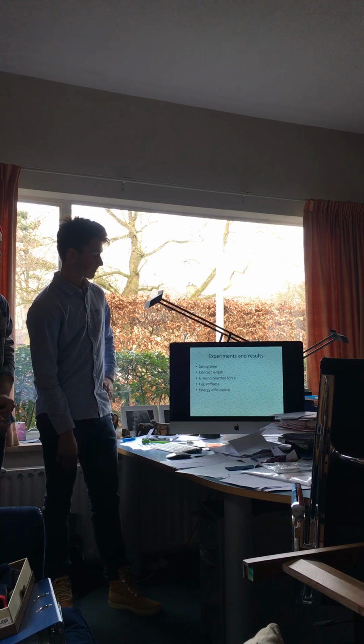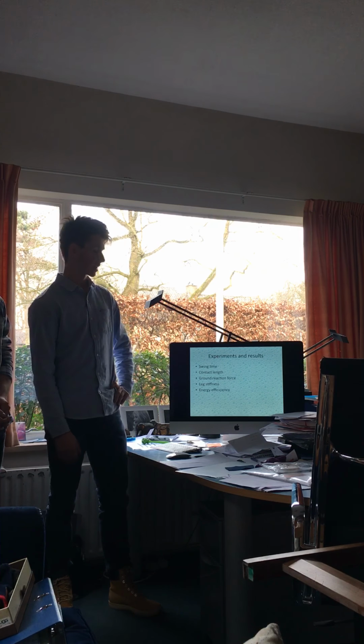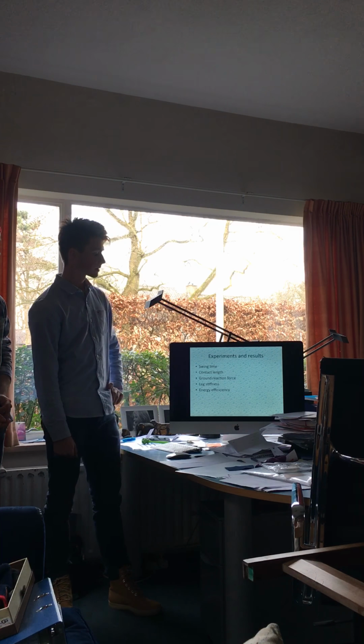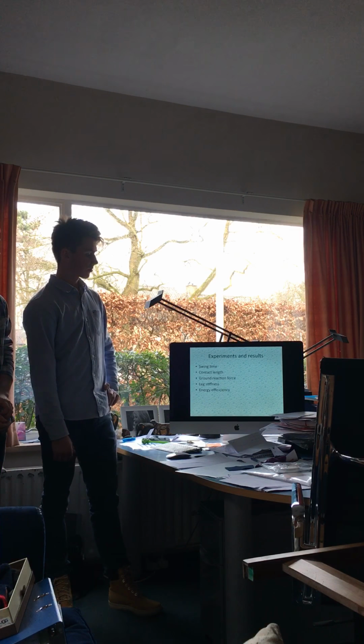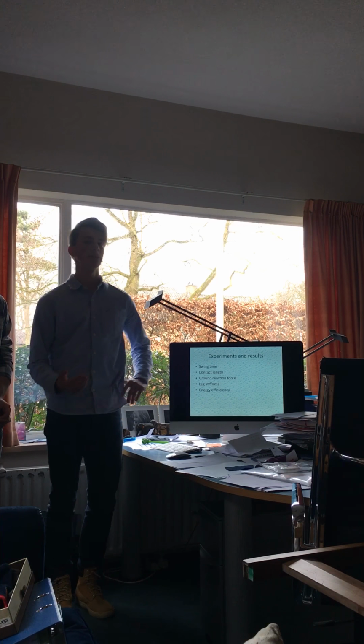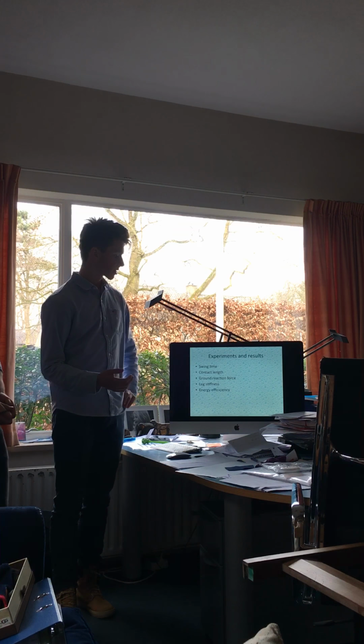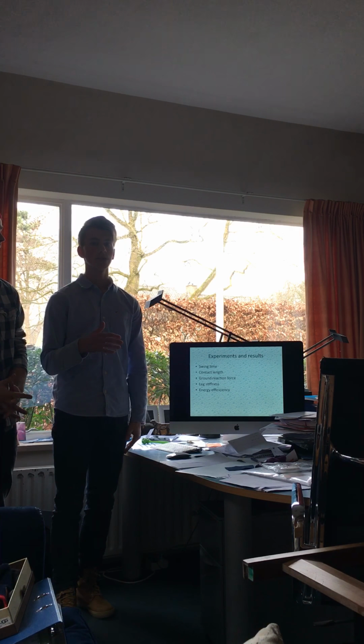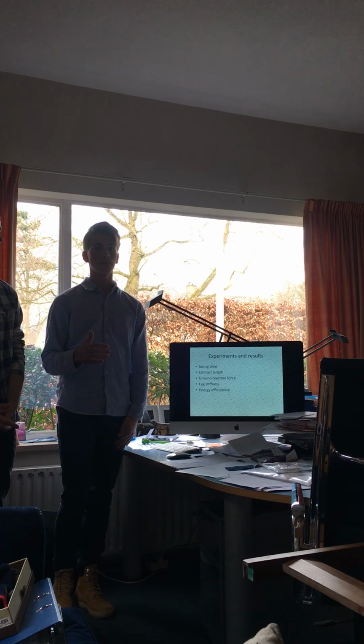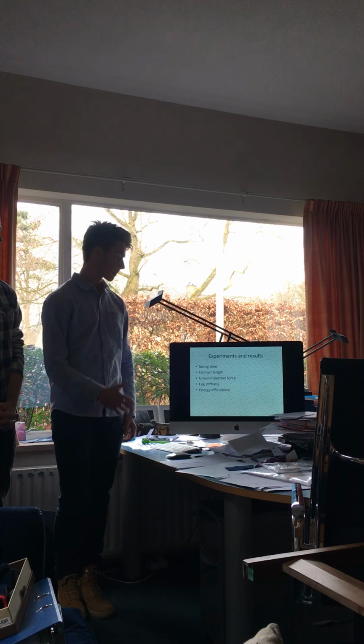The disabled runner was at an advantage when it came to the contact length. The ground reaction force is a bit the same. That is how much force you put on the ground when you want to come up or make a step.